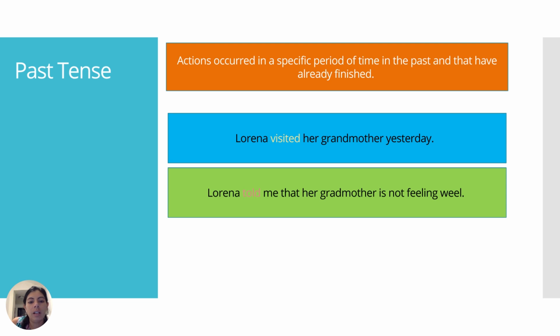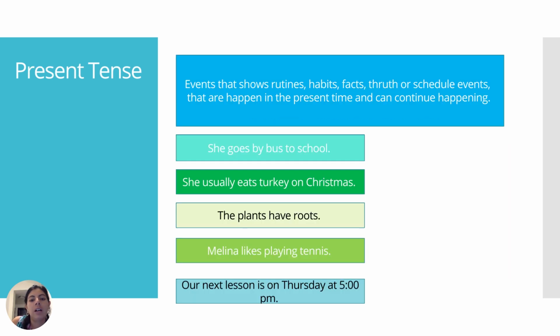So here we have the verb told me. We are not being so specific of when she told me. She told me 1 hour ago, 1 day ago, 2 days ago, last week. We don't know, but we know that Lorena performed an action in the past.